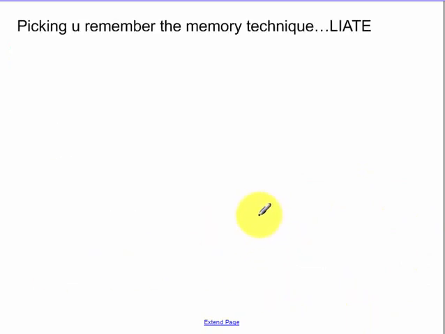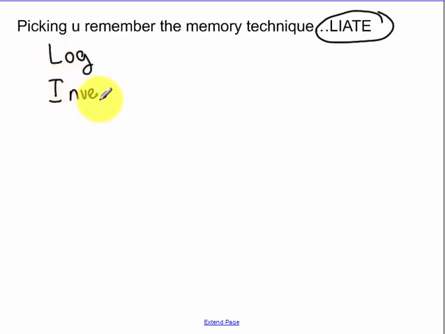Now, picking your u is super important, that you pick the right u. And this is like a power ranking of the type of function. So remember LIATE. I don't know who came up with that. Come up with something funny to help you remember. But remember, first you pick anything that's a logarithm function. That's the L. Then you pick anything that is an inverse trig. And then you pick anything that's algebraic.